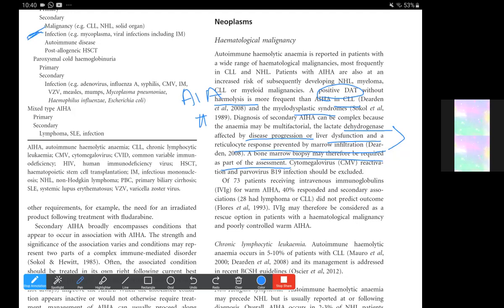Since cold hemagglutinin disease mostly presents in the elderly, we need to rule out lymphoproliferative diseases which may cause secondary CHAD, because autoimmune hemolytic anemias presenting in the elderly need a workup before we just start giving them steroids.